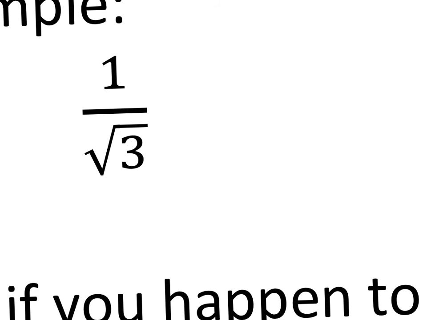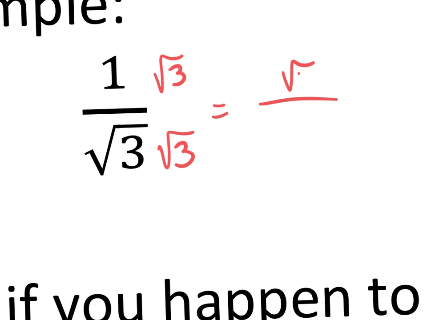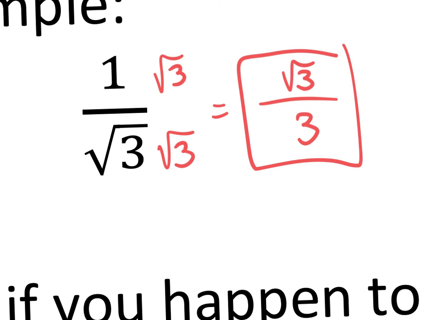So if I multiply the square root of 3 times the square root of 3, and of course whatever I do to the bottom, I do to the top, it'll get rid of that radical in the denominator. So up on top, I get 1 times the square root of 3, that's simply the square root of 3. On the bottom, I get square root of 3 times square root of 3, which is the square root of 9, which takes you back to the answer 3. So there's your answer.